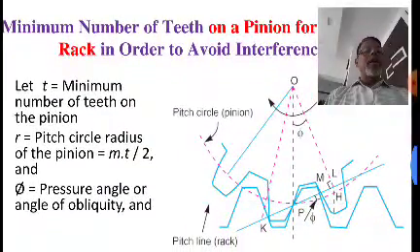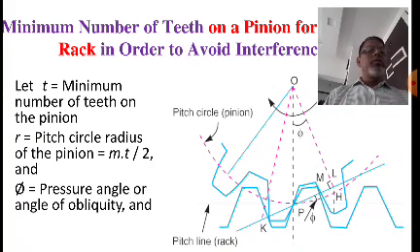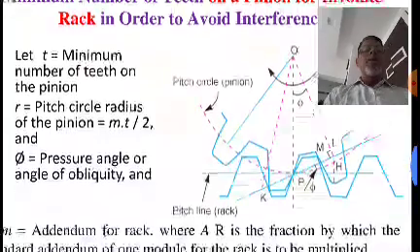So you can see in this diagram, this is the pinion, the upper one, and the lower one is the rack, which is straight. Now let small t be the minimum number of teeth on the pinion. Small r is the pitch circle radius of the pinion, and you can write it as m into t divided by 2, and phi is the pressure angle of the involute wheel.